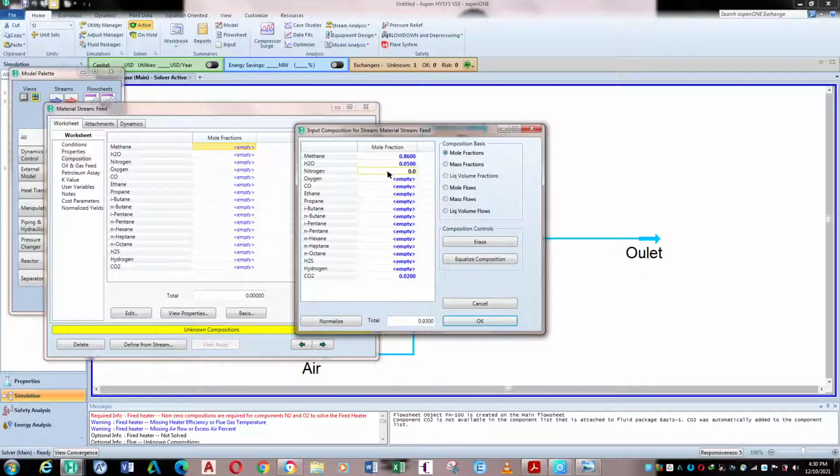There you have it. You see there it indicates with a green color, so our feed stream is okay.